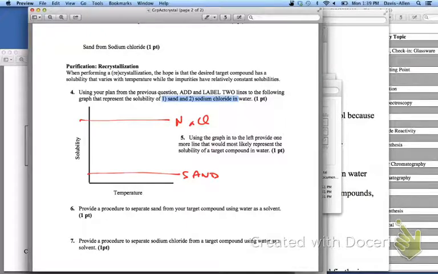So being able to take data that you're aware of: sodium chloride is something I expect you to know, sand is something I expect you to know. Your strong acids and bases are a little bit more difficult, but I would expect you to know those as well. If I take HCl and ask you to dissolve it in water, where would you put HCl on this curve? How do we typically work with HCl?